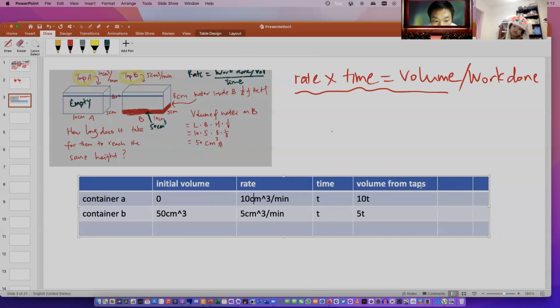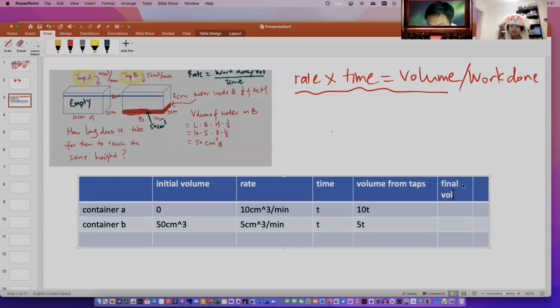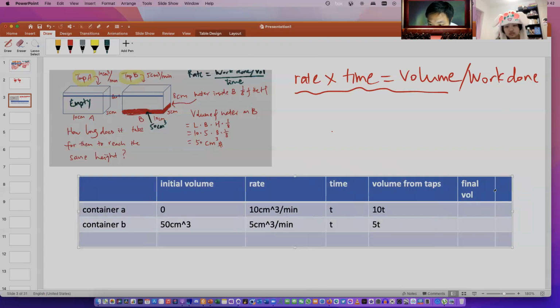But the question is for tank A and tank B to reach the same height. So the volume of tank A comes from the tap, but the volume for tank B comes from the tap plus the initial volume. So basically, I have to add in one more volume. This is called the final volume. Do you know why I need to add in the final volume?